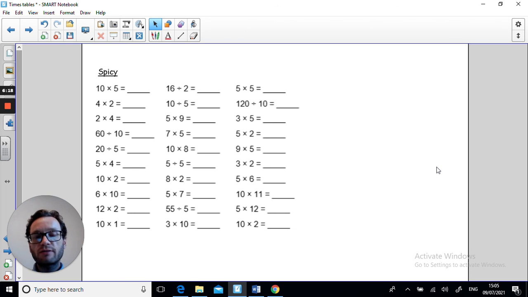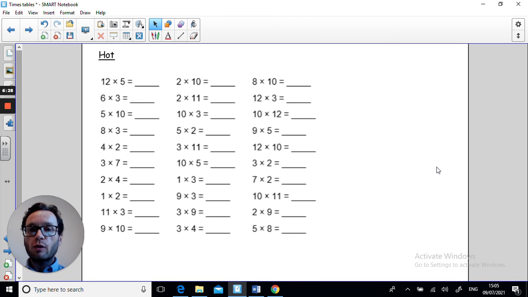Remember, when you're doing the division, just think, what times table do you know that could help you work it out? And if you find these spicy questions really easy and you whiz through them, I'd like you to go on to the hot questions, which also have some 3 times tables on them. Okay, and that's going to really help you get ready for year 3, which is coming up very, very soon.